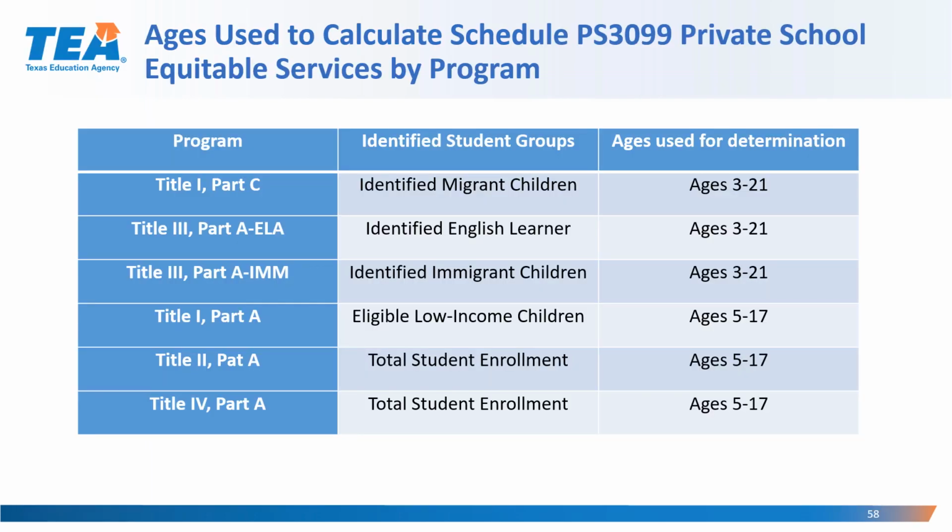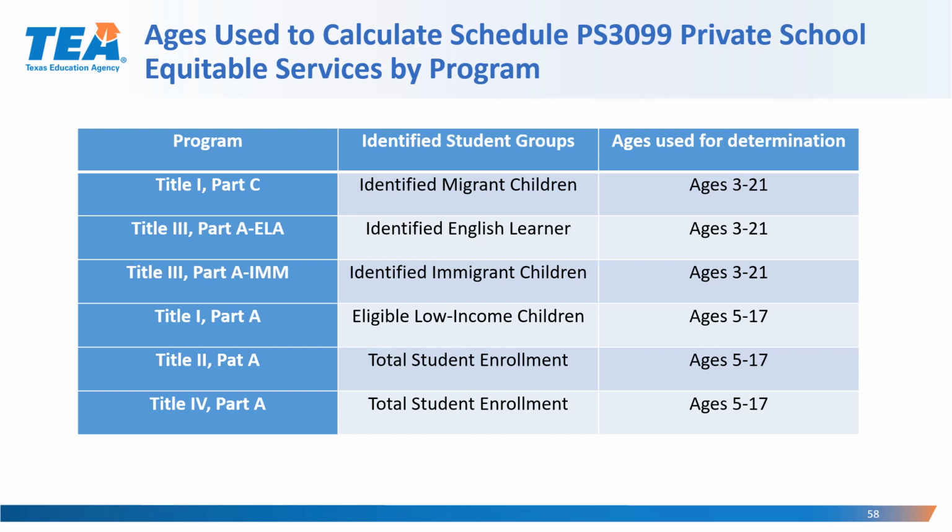TEA has identified the ages used to calculate the schedule PS 3099 private school equitable services by program. Under the Title I Part C migrant and the Title III Part A English learners or immigrant children, the ages used on the PS 3099 private school schedule should be ages 3 through 21 of those particular identified groups for the private school as well as the public school.